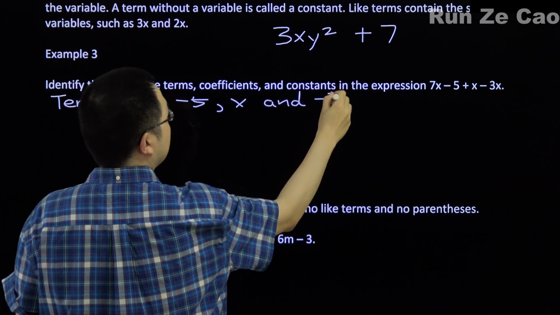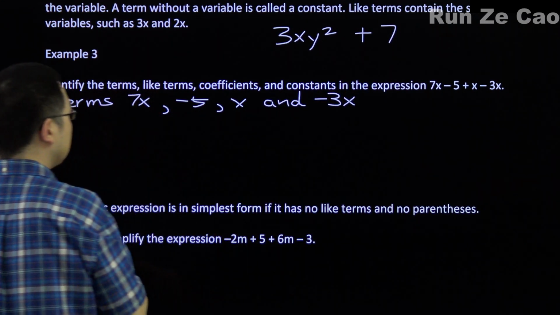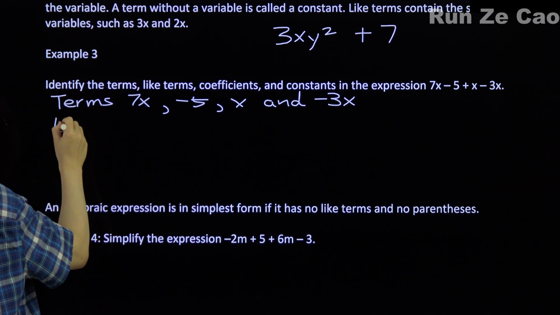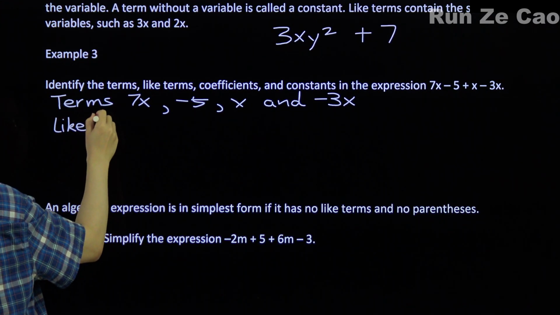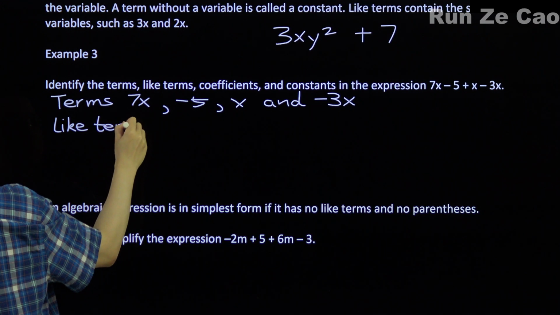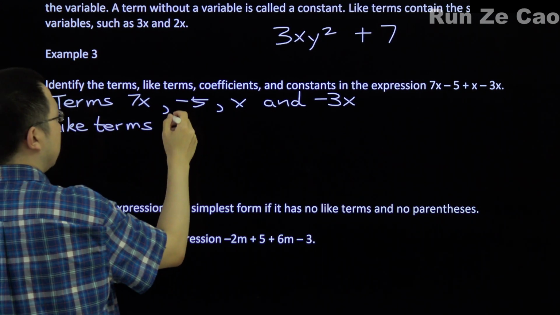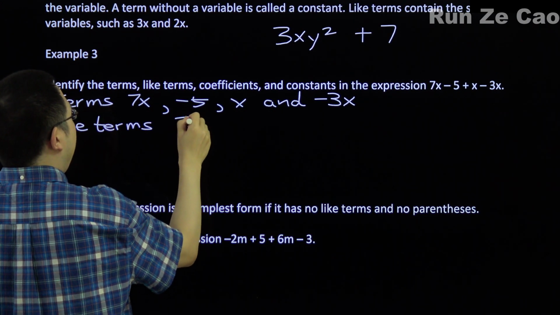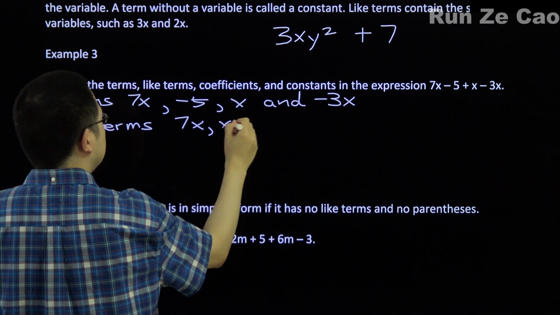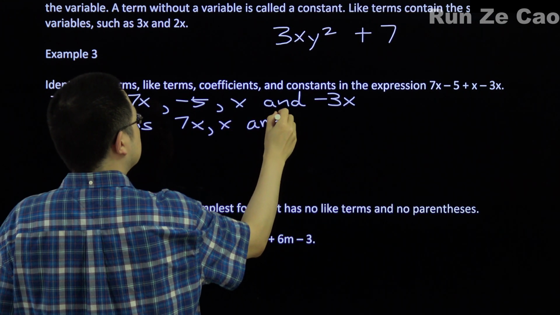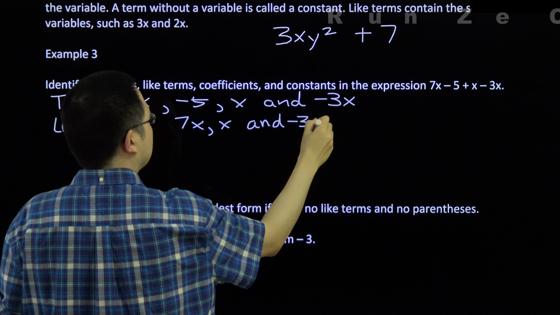and negative 3x. Like terms are 7x, x, and negative 3x.